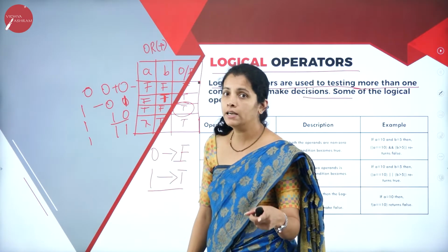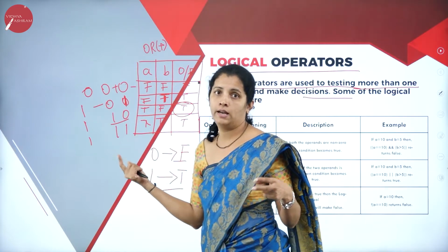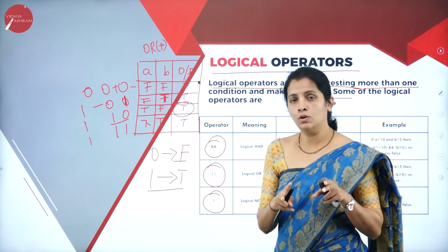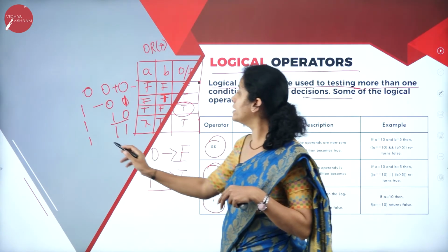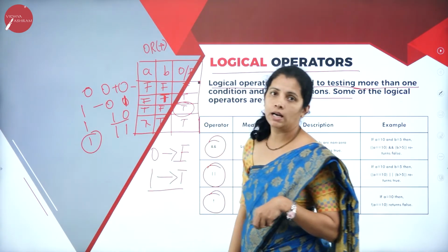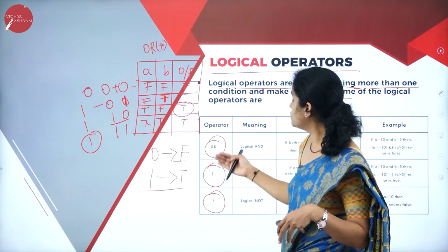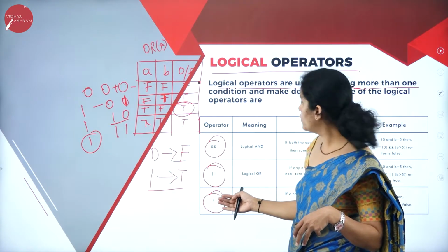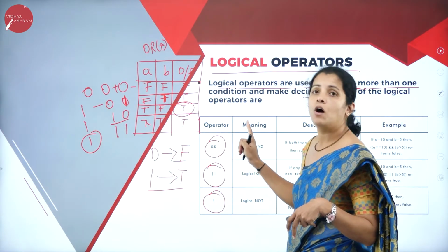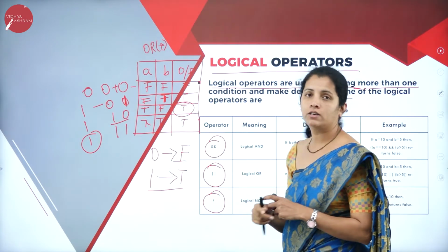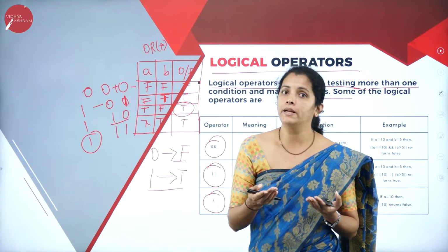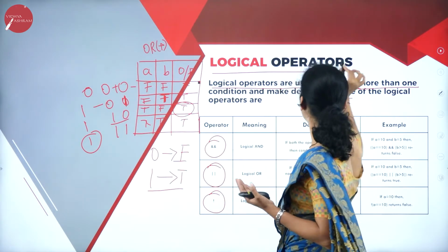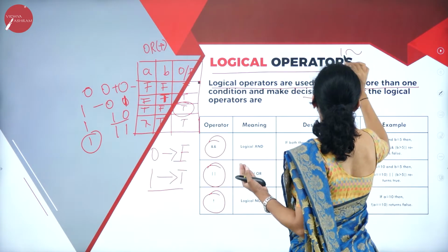That means in general, if I add 1 plus 1, I get the result 2. But if I consider the logical operator, I get the value 1. And what are the different kinds of logical operators? That is and, or, and not. So what is not here? That is nothing but the complement. Suppose I have 1, what is the complement of 1?